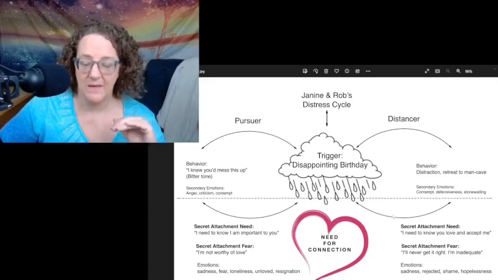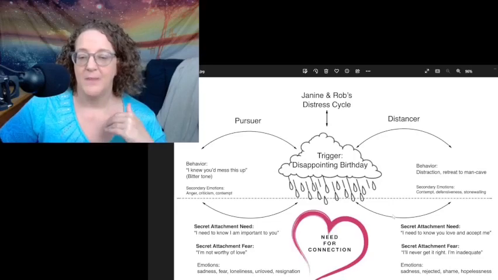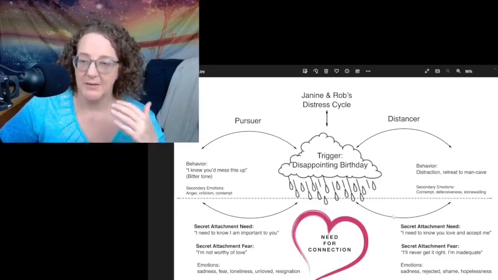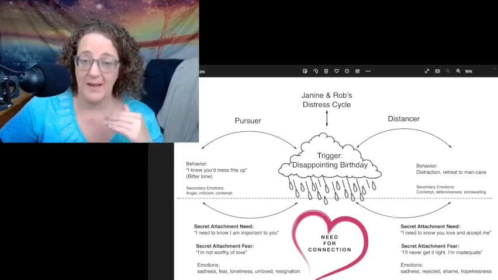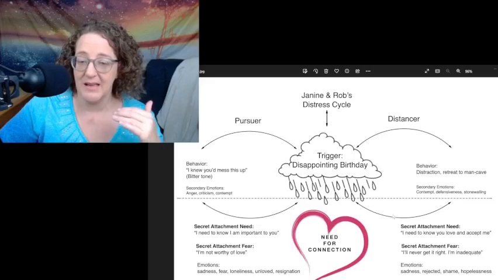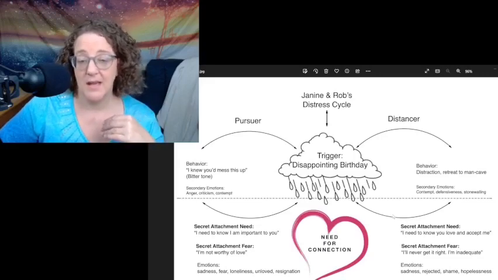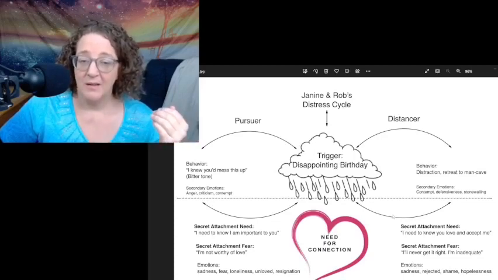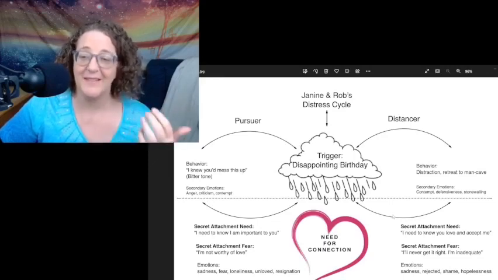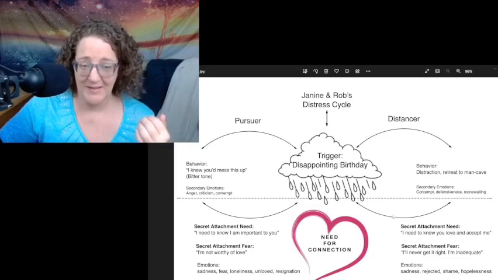Like, we hate that. And then what Joelle has labeled the secret attachment need, which I would imagine the goal that Joelle had with Janine and Rob was to make it a not so secret attachment need. What do you need? Our pursuer, in this case, needs to know that they're important to their partner. Funny enough, the behavior that their partner is displaying is actually because they are important.